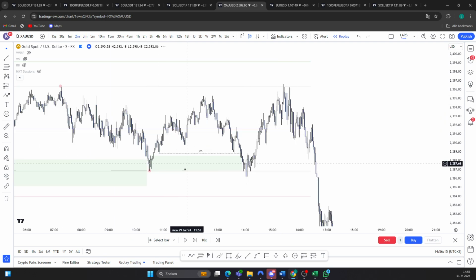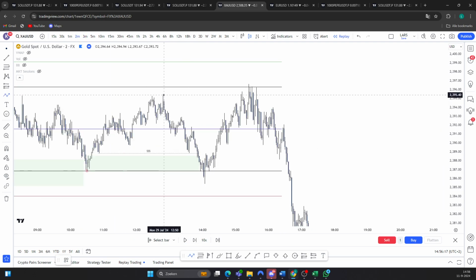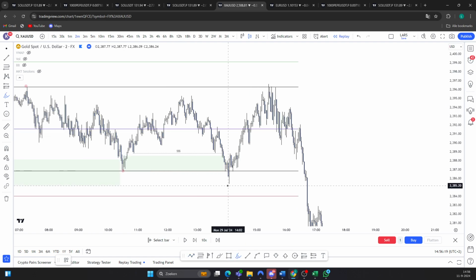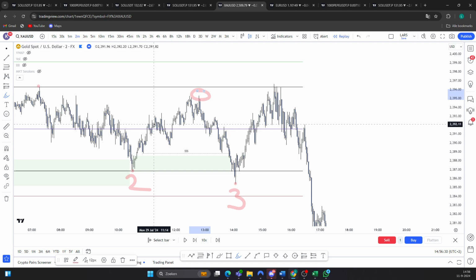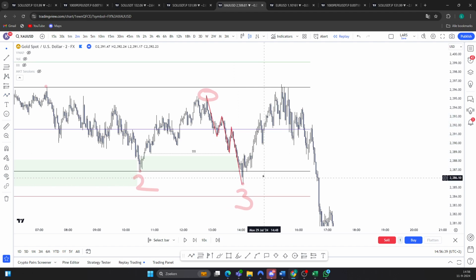If we look at structure from the top down, because that's how we confirm it, right? We have a 1, we have a 2, we have a 3. What's the highest point between tap 2 and tap 3? That's right here. So we check our structure from top to bottom. We can see a high, low, lower high, lower low, lower high, lower low.